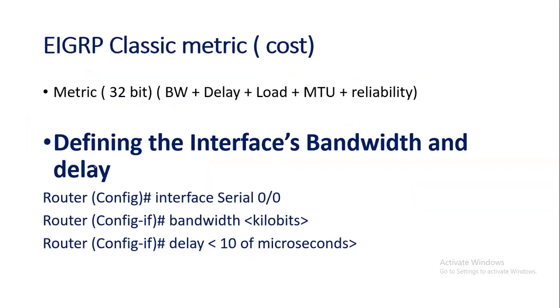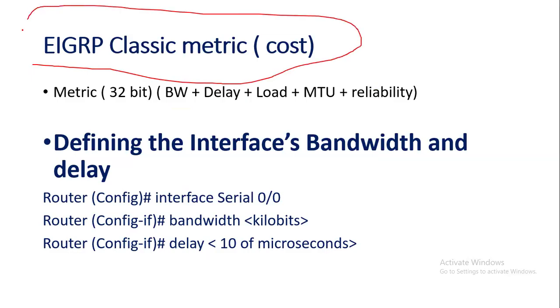Now let's come to the EIGRP classic metric, and why we need metrics. In EIGRP there are bandwidth, delay, load, MTU and reliability, that is K1, K2, K3, K4, K5.